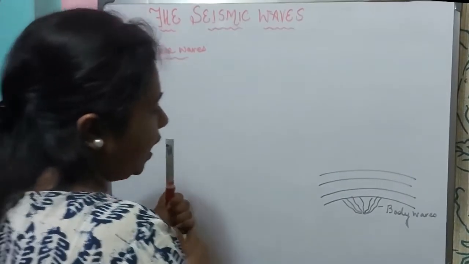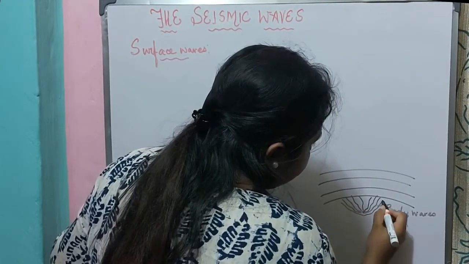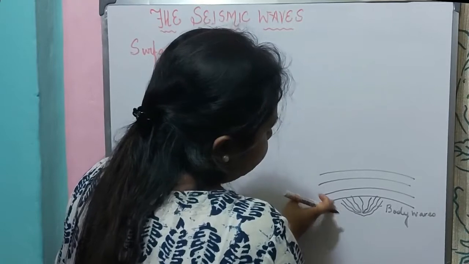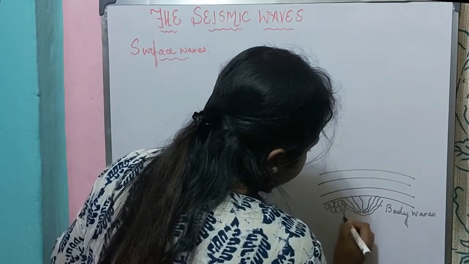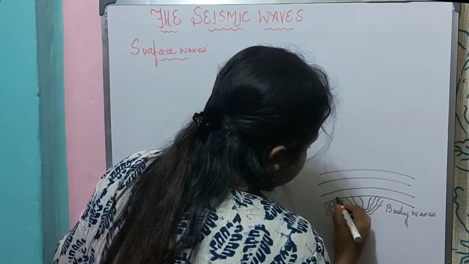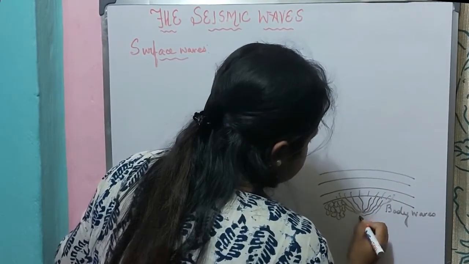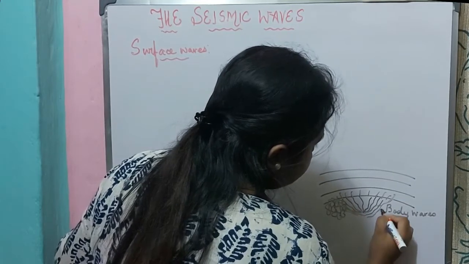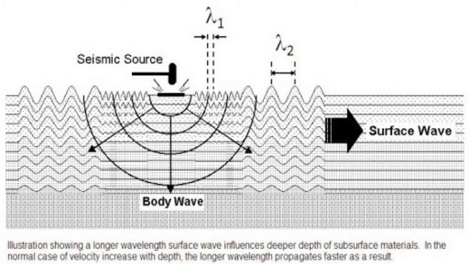Now surface waves. What happens when the body waves move through the interior and try to travel towards the Earth's crust? They come into interaction with the body of the rocks, and then these waves reach the surface and are referred to as the surface waves.